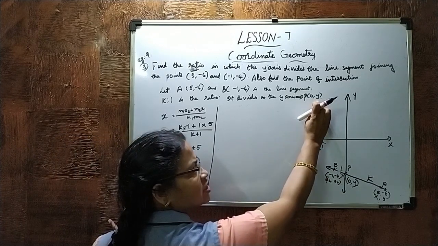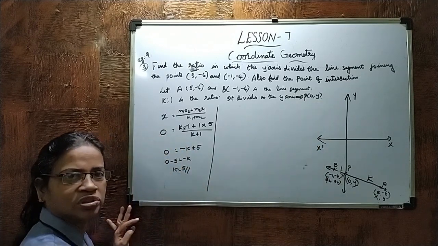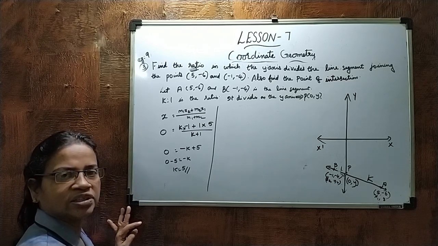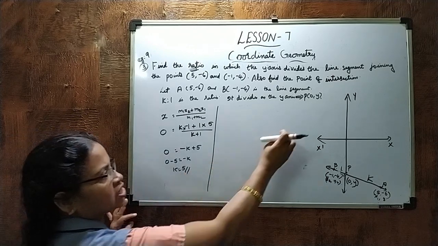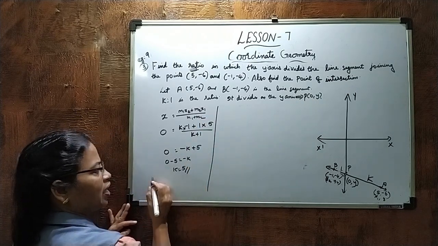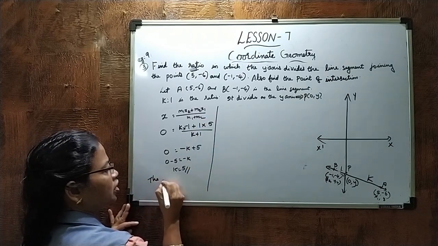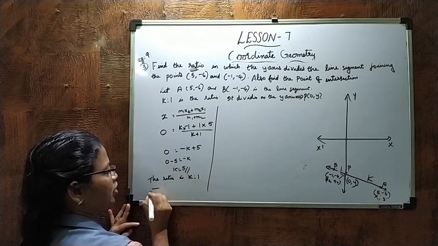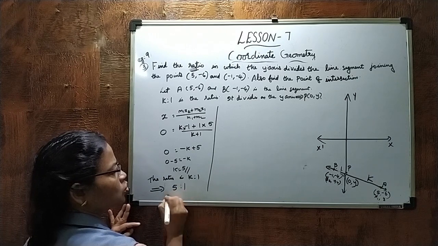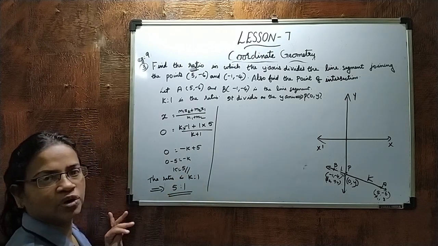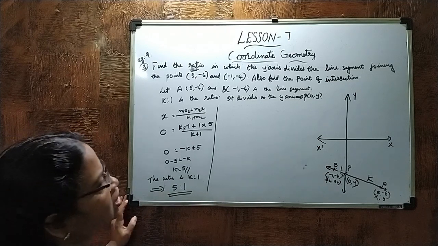If any value was there, then again we could find out the same value of k. So we can stop with the x coordinate and write that the ratio is k is to 1, and it becomes 5 is to 1. Instead of k, you have to substitute this 5 is to 1.